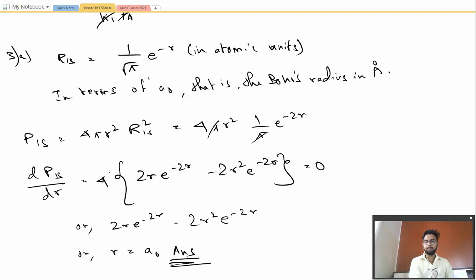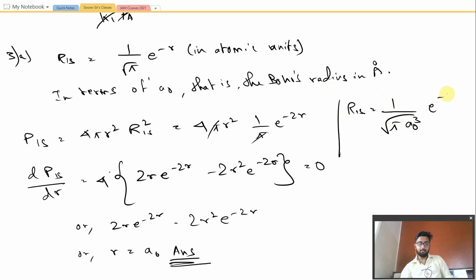Let us end this video here. I'll leave you with a short remark: for calculation of this you may consider R1s to be in the normal equation, that is 1 by root over pi a naught cube into e to the power minus r by a naught. You may consider this equation also, so that you get the answer r equal to a naught perfectly.